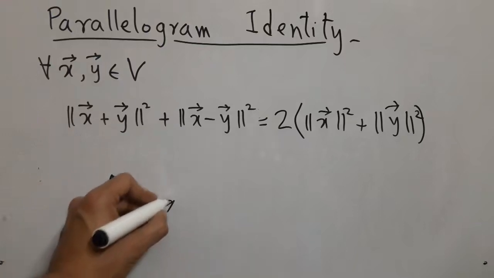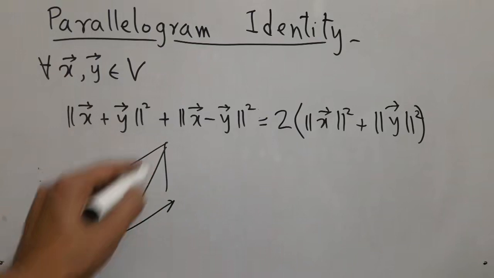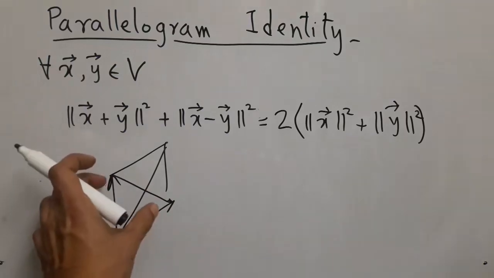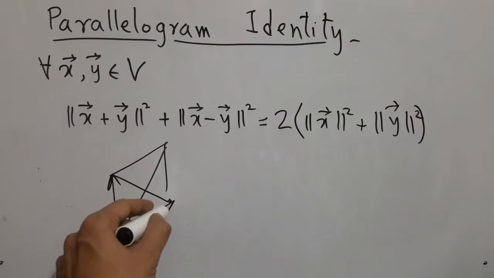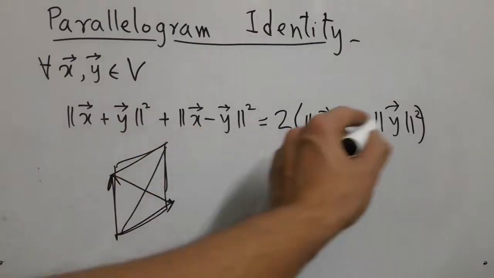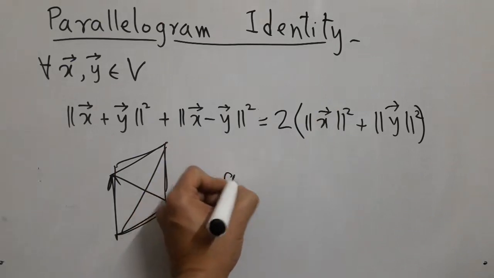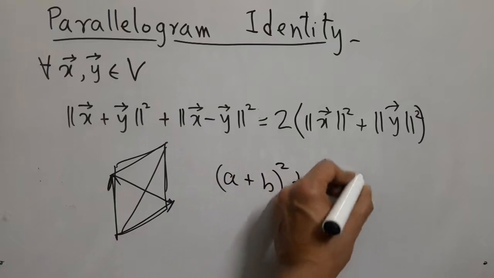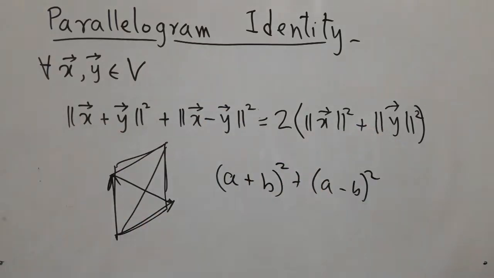So this is x and this is y, then x plus y will be this diagonal of the parallelogram, and x minus y is this diagonal of the parallelogram. If you add the squared lengths, then you get basically squared length for this, and this, which is this. Now it is actually easier to remember this as our familiar identity, like a plus b whole square plus a minus b whole square. So if you just expand it, you will get this result.